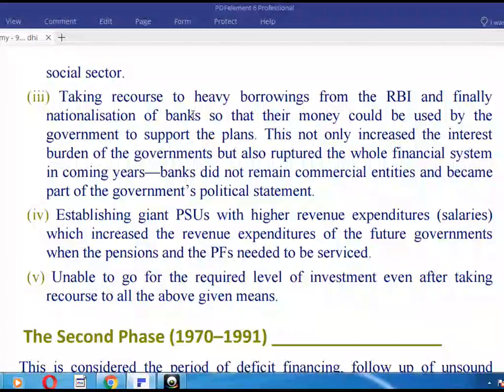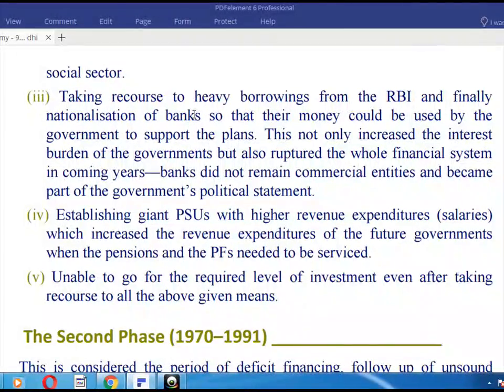The government took recourse to heavy borrowings from the RBI, and finally the nationalization of banks so that their money could be used by the government to support the plans. This not only increased the interest burden of the government, but also ruptured the whole financial system in coming years.